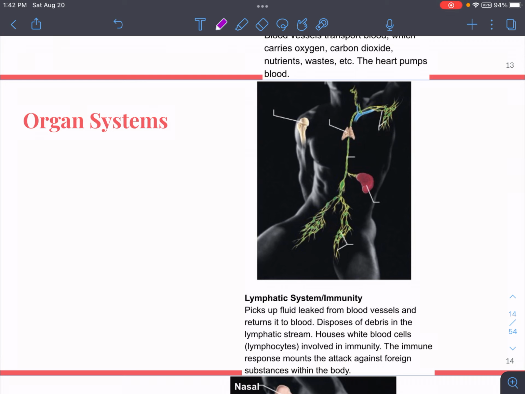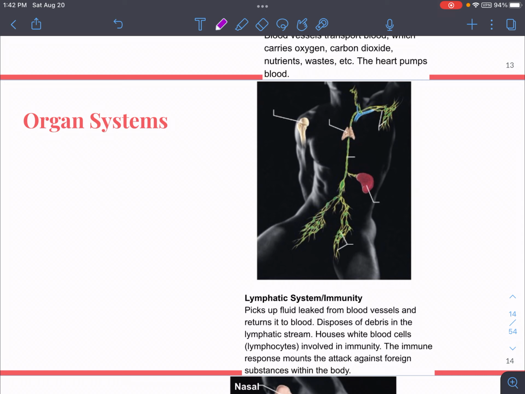So when you get a cold, there's white blood cells that go into that lymphatic system and try to find the antibody that you may have been exposed to in the past, the same virus. They try to find that antibody for that virus that may have invaded your system to kill it off quicker.